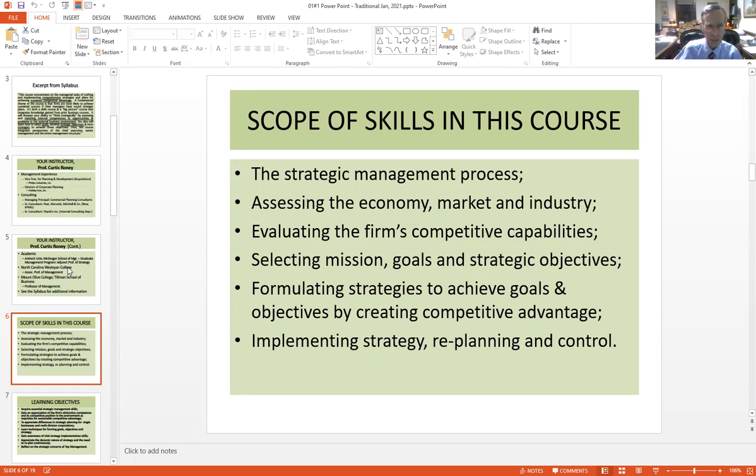And so I've built in extra elements of this course to deal with economic, market, and industry assessment for strategic planning purposes. Among other things, you're going to get some stuff in this course that students in other courses on strategic management don't get, even at the very best universities in the country, because those two topics are just left out.